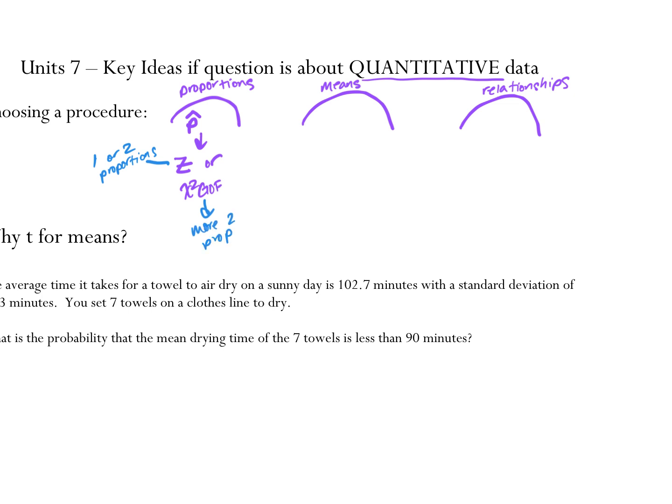For means, somewhere in the question you're going to be given x bar. You might have more than one x bar. If that's the case, you're going to do some sort of T procedure, and most of this video will be about the different possible T procedures.